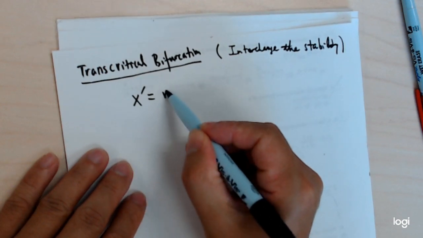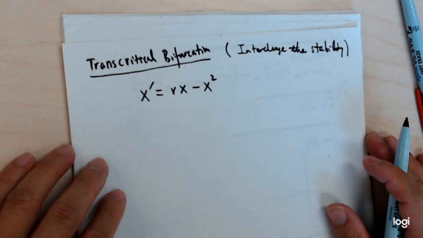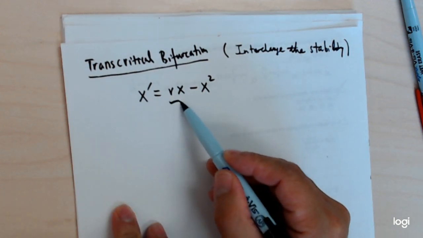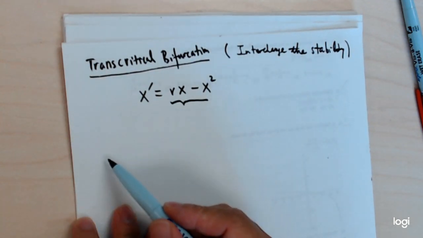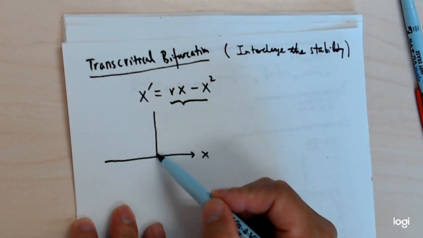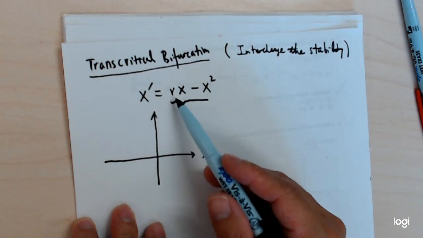And I'll present the prototype equation without giving you any additional example. So we're going to look at this problem here. Once again, the equilibrium is the intersection of this parabola and the x-axis. So here I do a quick phase line analysis. The graph of rx minus x squared obviously depends on r.